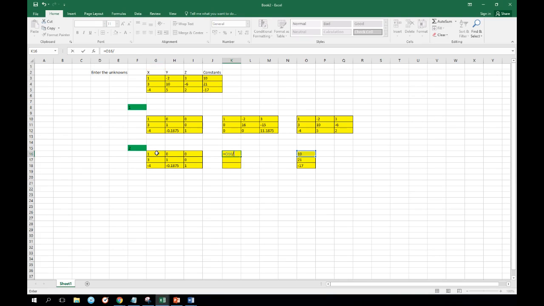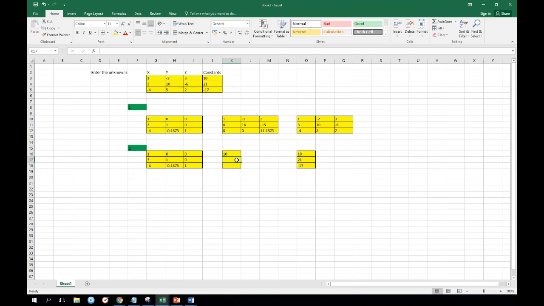Or we can just simply equate this to this one, since multiplying this row by here would give us 10.